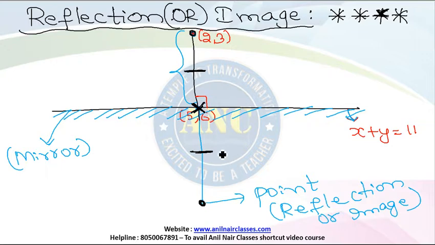In simple language, from (5, 6) you started traveling 10 kilometers upward, and after traveling 10 kilometers you met a point (2, 3).